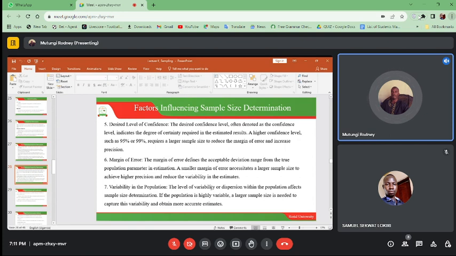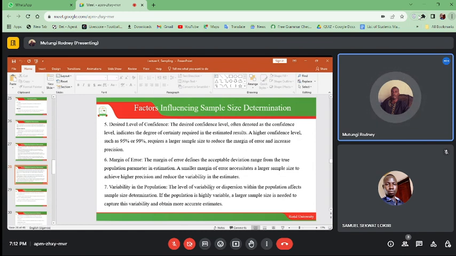And those percentages are really showing that margin of error that a research is able to accommodate, okay? So a higher confidence level, of course, will require a very large sample size so that you reduce that margin of error that you can accommodate in your research. And that also is a very big factor in terms of sample size determination.